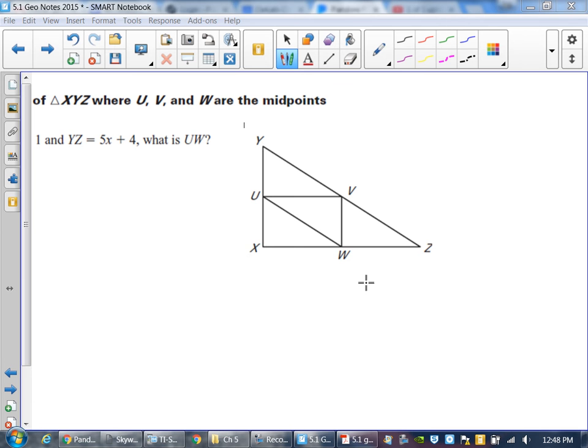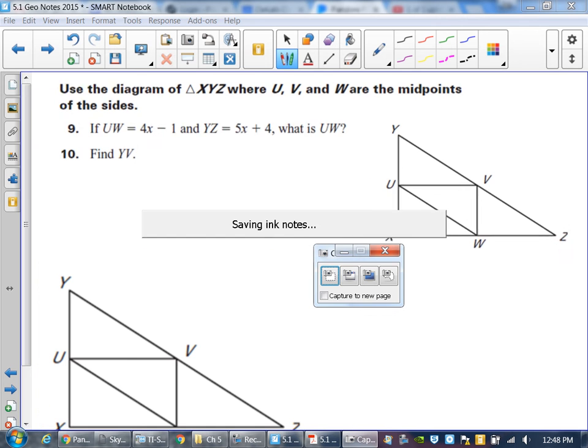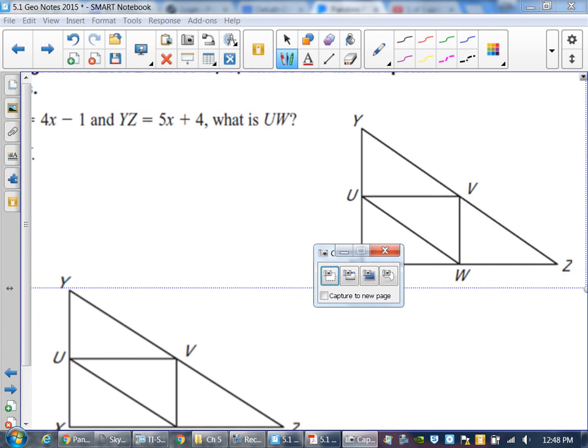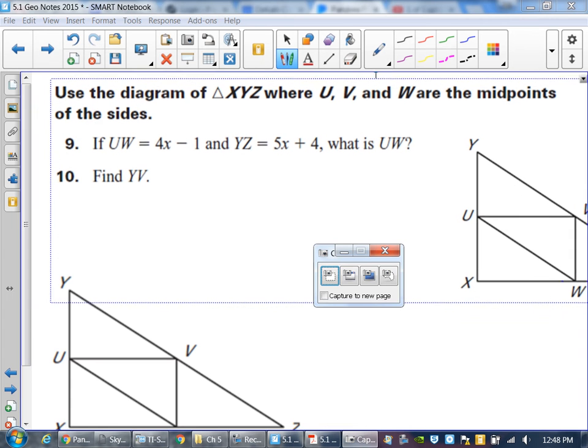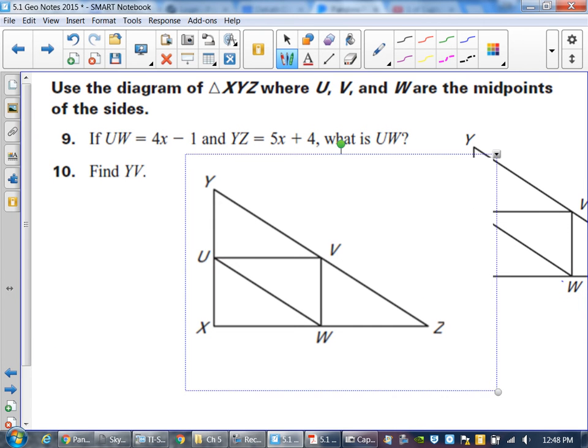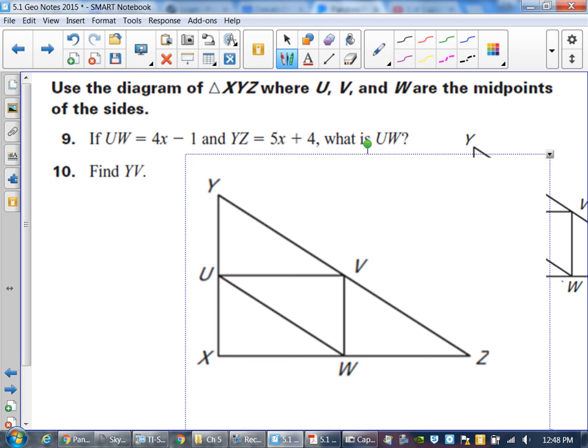So let's draw this diagram and work it out. Here's what we do. In this diagram, try to make this a little bigger so you guys can see it. You are given some information.